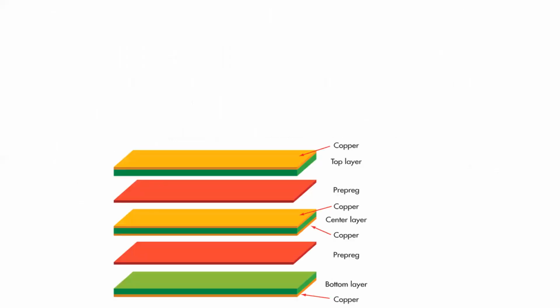Now you can see this figure. This one is the copper. This is the top layer. See, this is the pre-preg, just as we have seen what is meant by pre-preg. Then this is again copper. This is the central layer, copper, pre-preg, bottom layer, and copper. This is the multi-layer PCB.